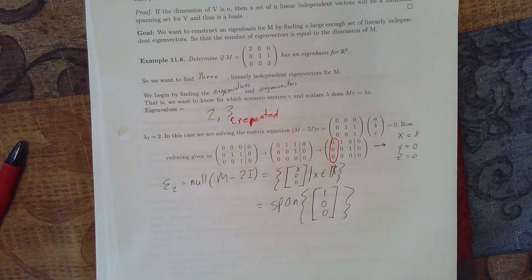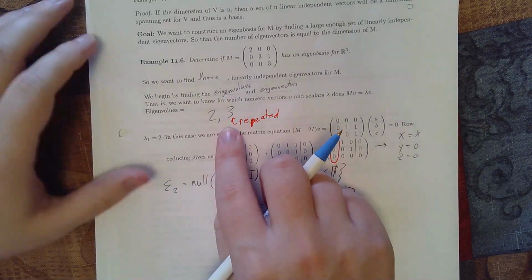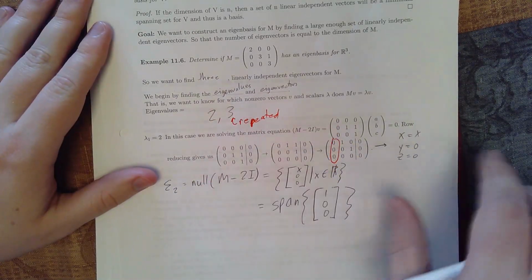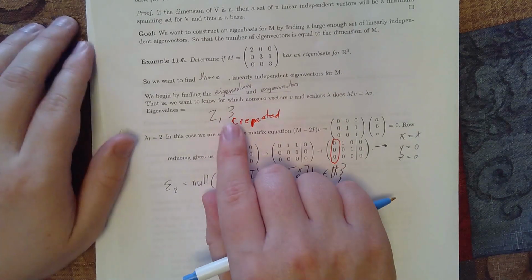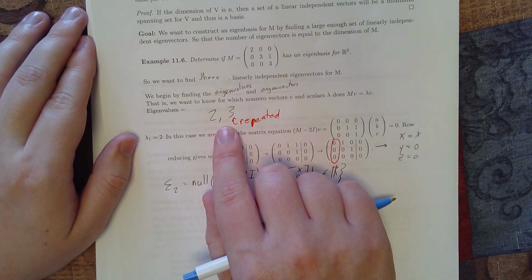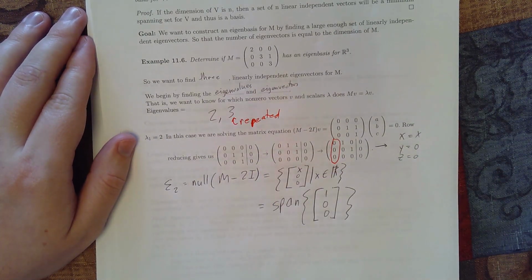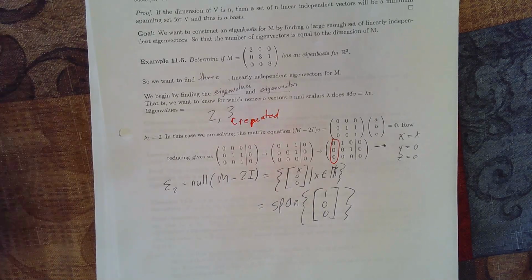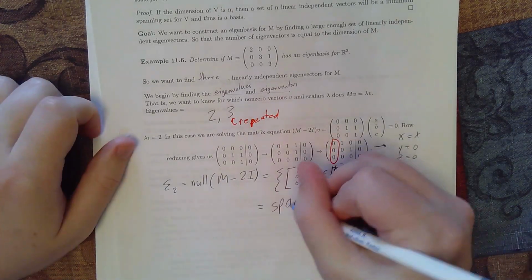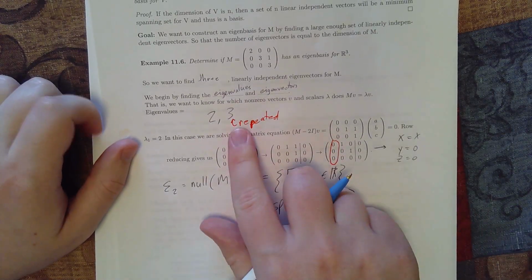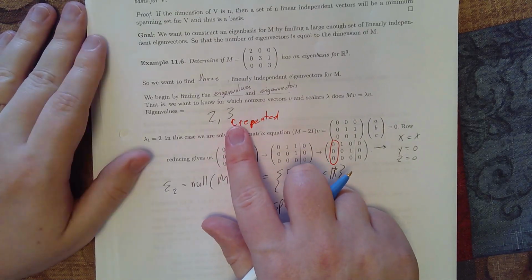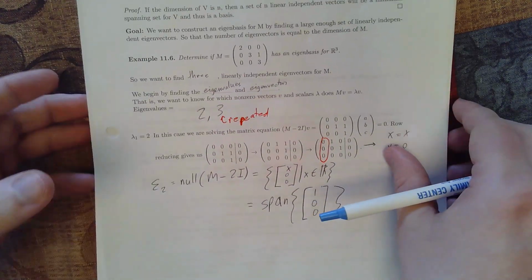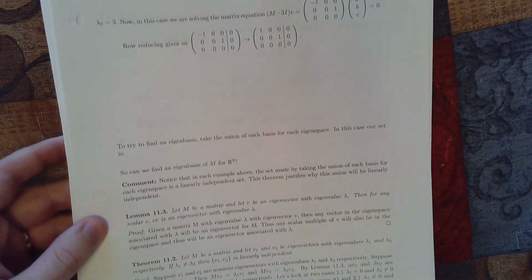All right, so we've got our first eigenvector, and now we'll want to go ahead and find our eigenvectors associated with 3. Now note that 3 is an eigenvalue that's repeated, so we might have the potential for more than one eigenvector. We're not guaranteed it though. In fact, we might only get a single eigenvector. So let's go ahead on the next page and take a look at that.